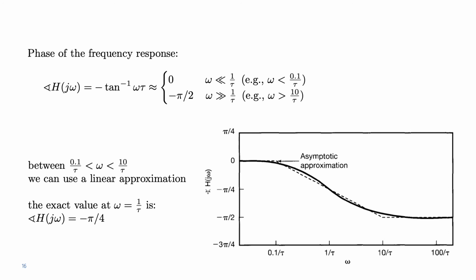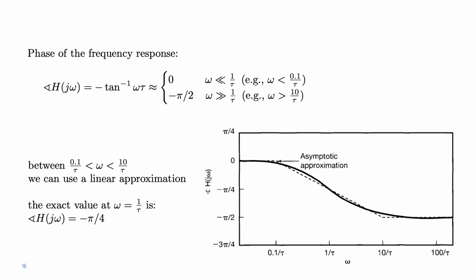So let's look at the figure again to check what we have just said. The dashed line is the asymptotic approximation. We use the two asymptotic values to the left of 0.1 over tau and to the right of 10 over tau. It's two horizontal straight lines. The first one has the value of 0 and the second one has the value minus half pi. In between, we said it's good to use a linear approximation, so we just connect those two straight lines with a diagonal line.